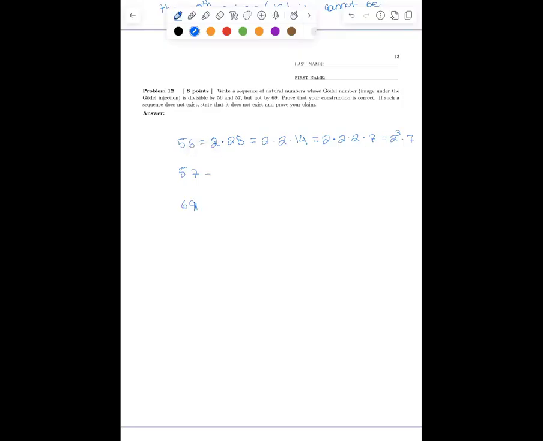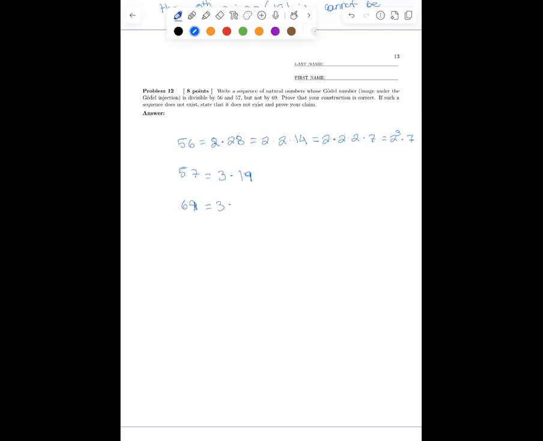Then my 57 is not divisible by 2, but it can be divisible by 3. So I will have 3 times 19. 3 is a prime number, 19 is a prime number. I cannot analyze 19 more, so I will leave it as is. And then I have the 69. I can divide it by 3.